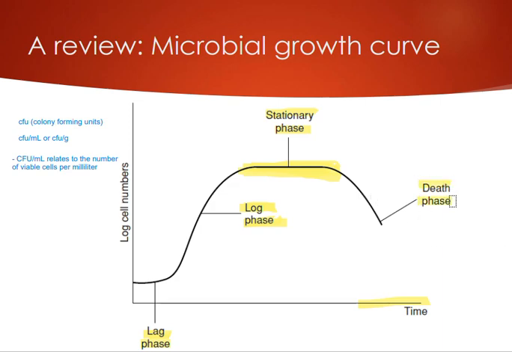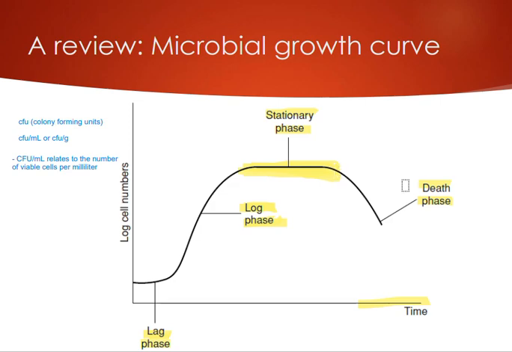Since, as discussed earlier, during the stationary phase there is already a decline in the nutrients, as the nutrients become less available for your microorganisms and waste products increase, the number of dying cells will continue to rise.